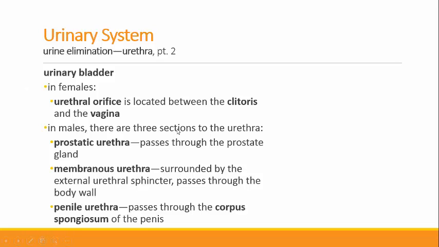In males, because the urethra is long, there are three sections associated with it. There's the prostatic urethra. This is the portion of the urethra that passes through the prostate gland.